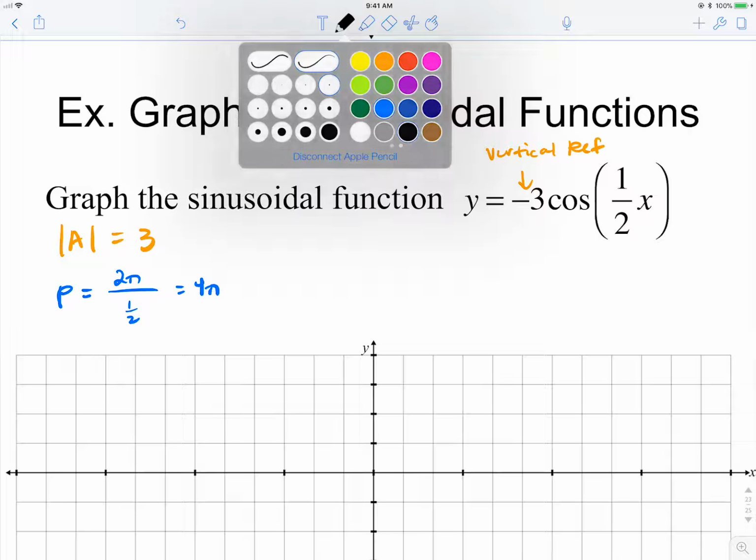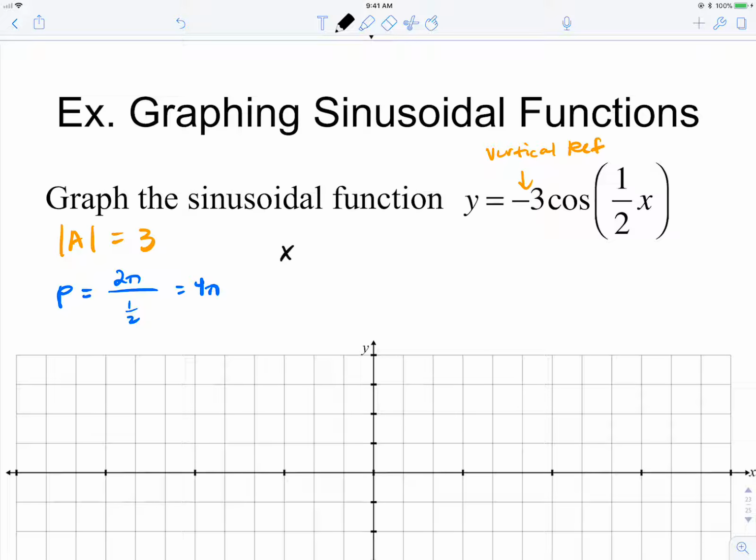So making our table of values, 4 pi divided by 4 is pi. So we're going to have intervals that are length pi.